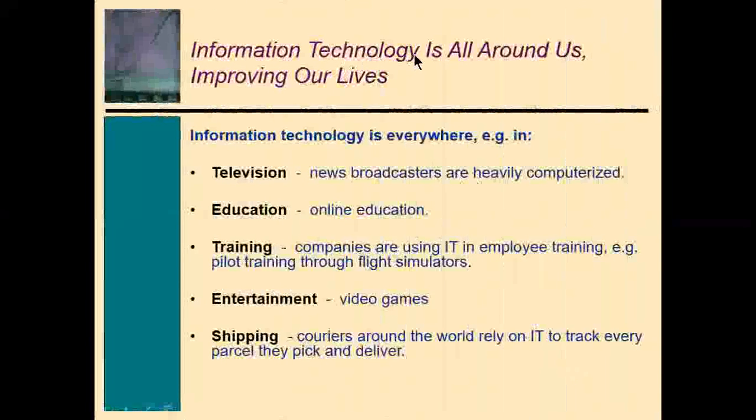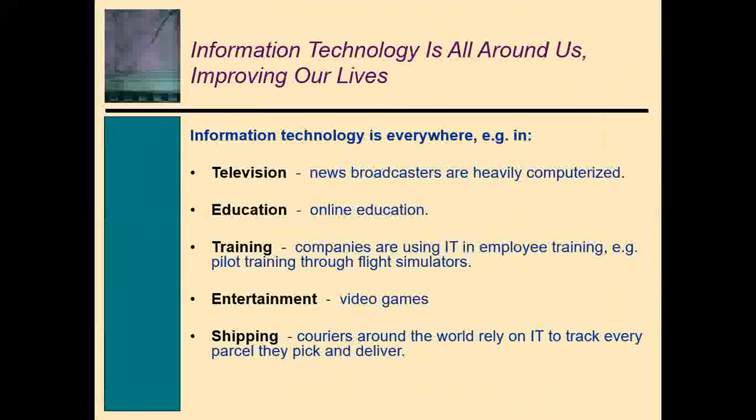Information technology is all around us, improving our lives. How does it improve our lives? Information technology is everywhere. For example, television is ICT. Education, online education is ICT. Training, many companies train using the internet, is ICT.